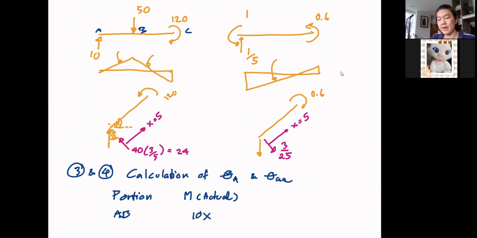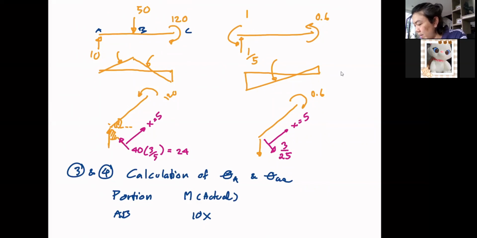Now be mindful. This load 10 is creating the clockwise moment. And when you look at the virtual case now, you have the reaction creating the clockwise moment, and the moment that we apply is now in the counterclockwise direction.